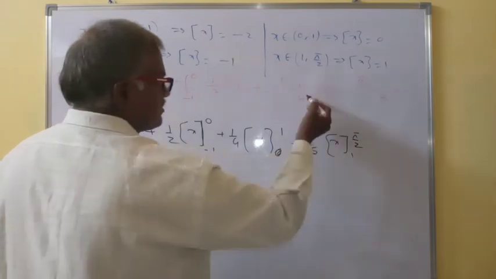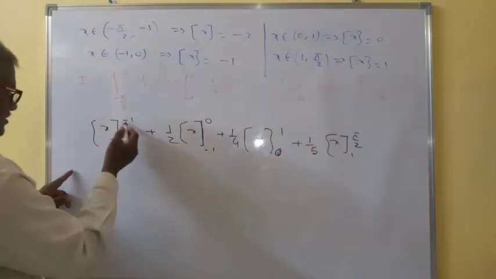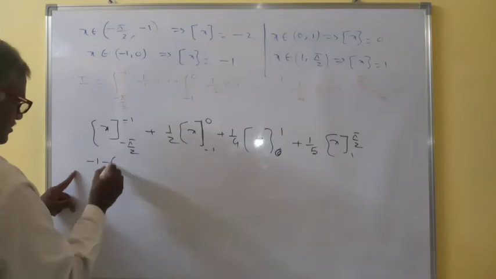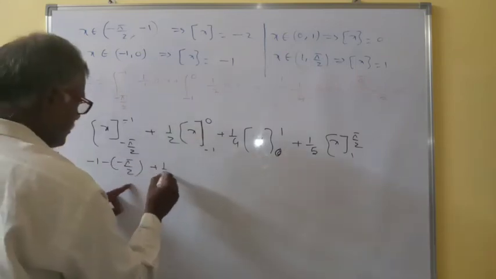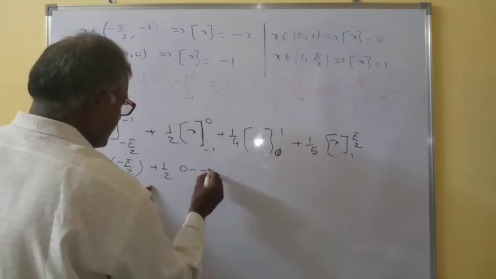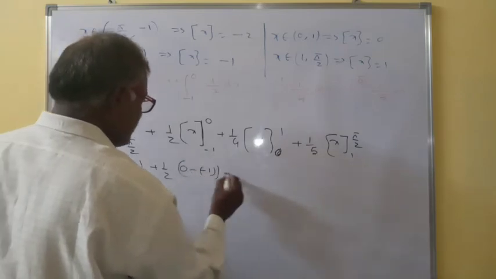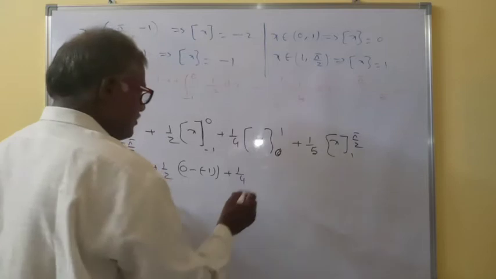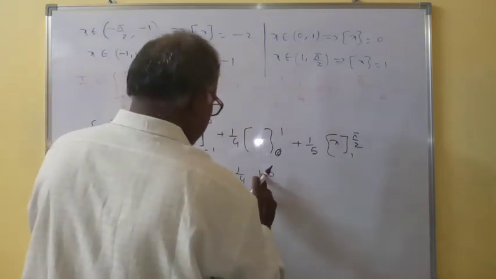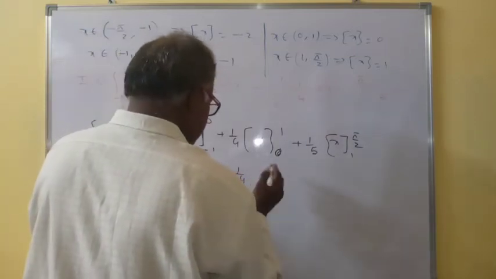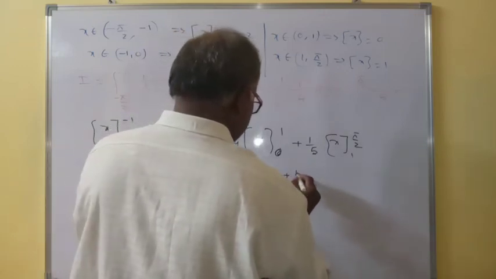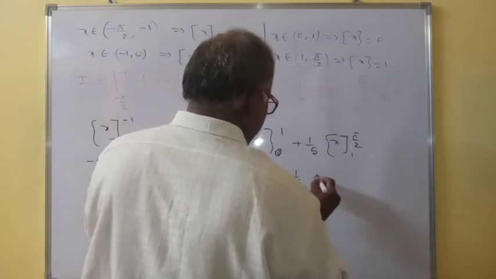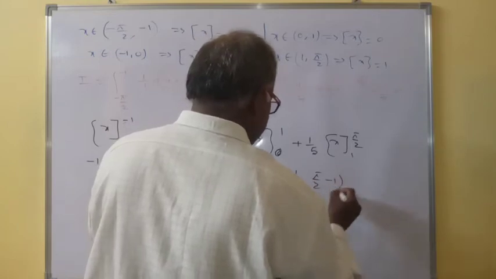So each and every term is constant. First substitute the upper limit: minus 1 minus of minus pi by 2. Again 1 by 2 into 0 minus of minus 1, plus 1 by 4 into 1 minus 0. Next plus 1 by 5, upper limit pi by 2 minus 1.